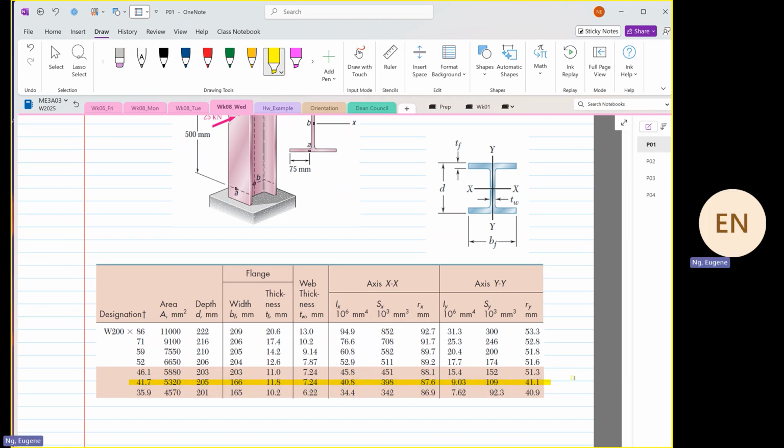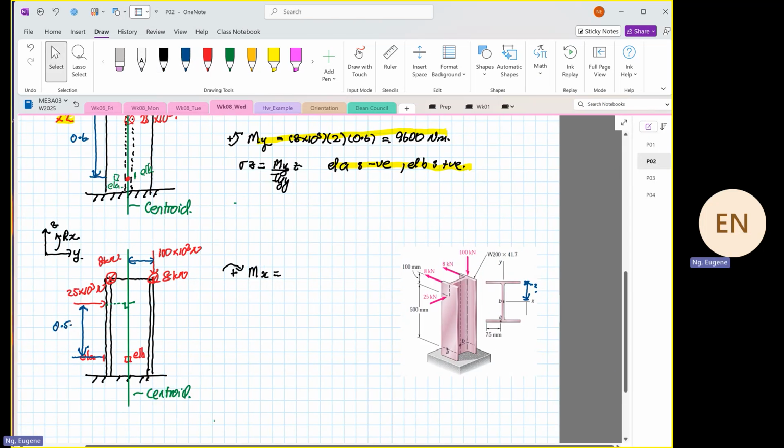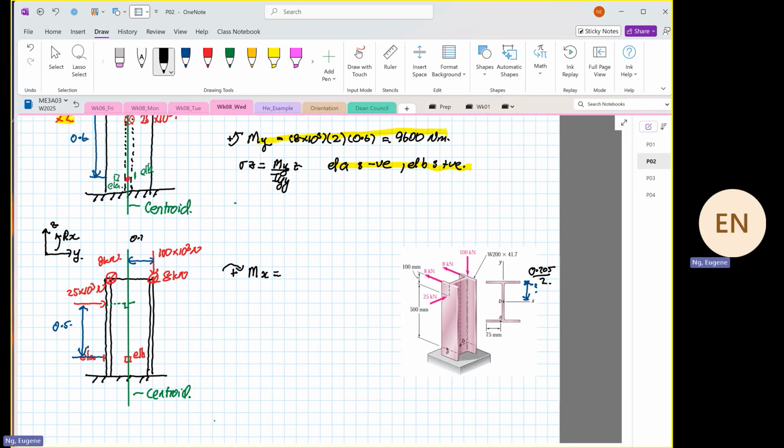We want to find the distance from here to here, and this distance is D divided by 2. D divided by 2 is 205, you can see that this is 205. So that distance is equal to 0.205 divided by 2.